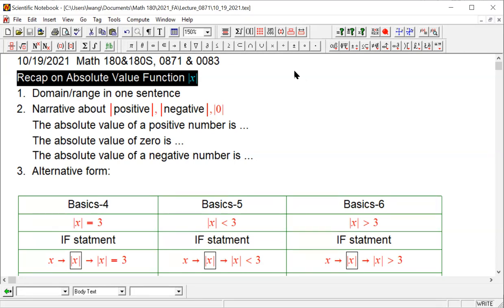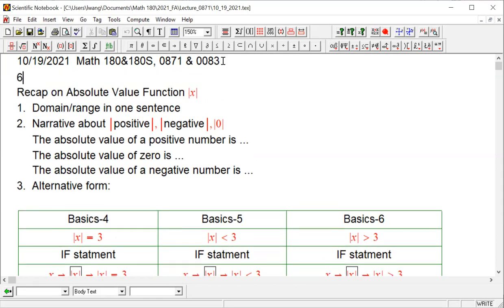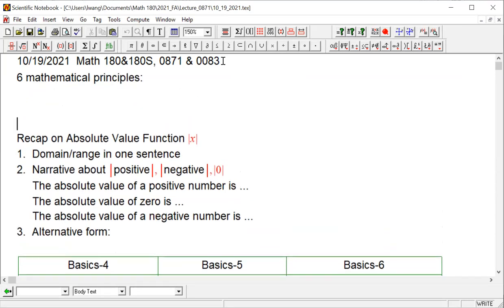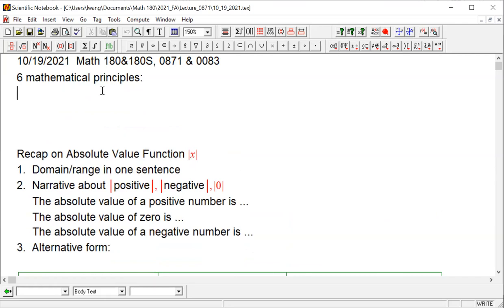If you look at the 6 mathematical principles, let's look at the 6 mathematical principles. The first and second, right? What is the first one?